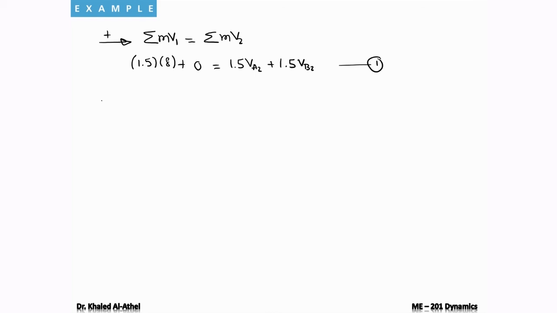Now I can do coefficient of restitution. Again, to the right is positive, just to remind you. e was equal to, you can start with block B or A, does not matter. First of all, you take the difference of the final velocities over, and you switch the two particles, the difference between initial velocities. So it's going to be vA1 minus vB1.